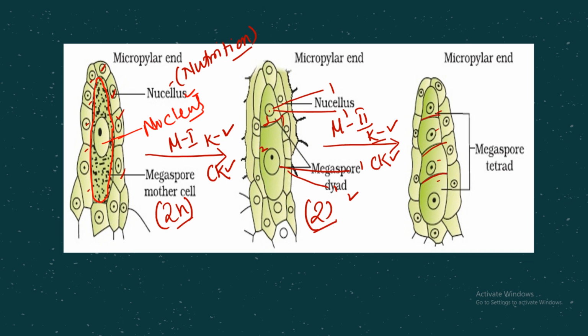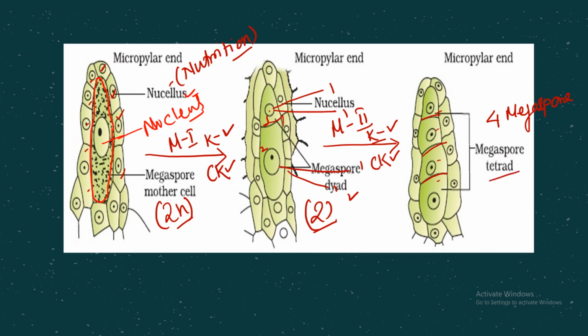Now how many megaspores are formed ultimately? There is the formation of a total of 4 megaspores. As over here there is a formation of 4 megaspores, that's why we can call them a megaspore tetrad.